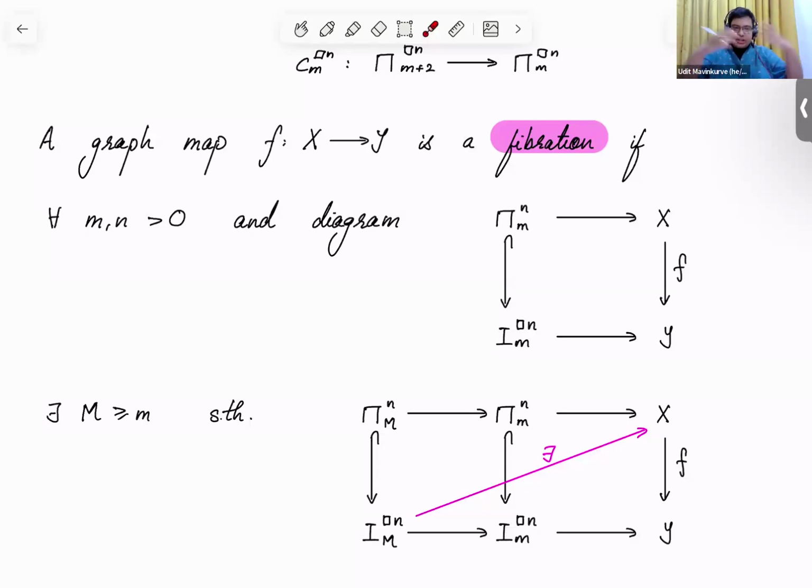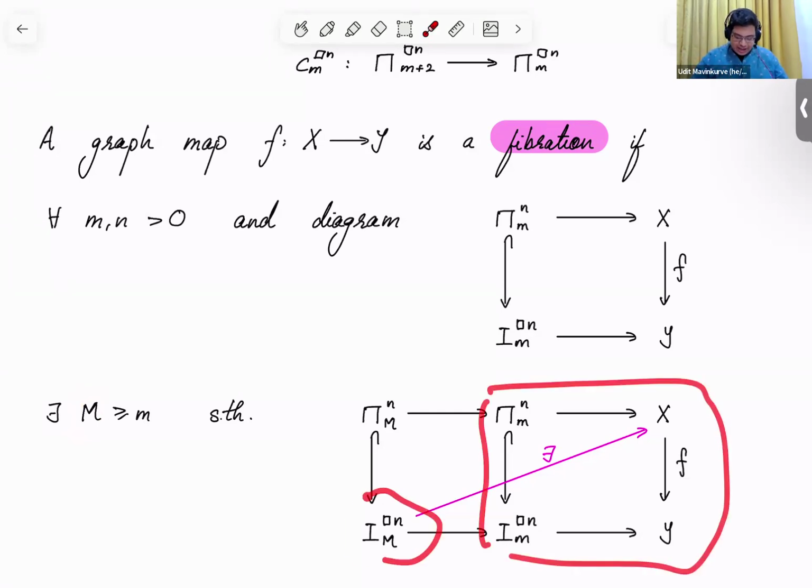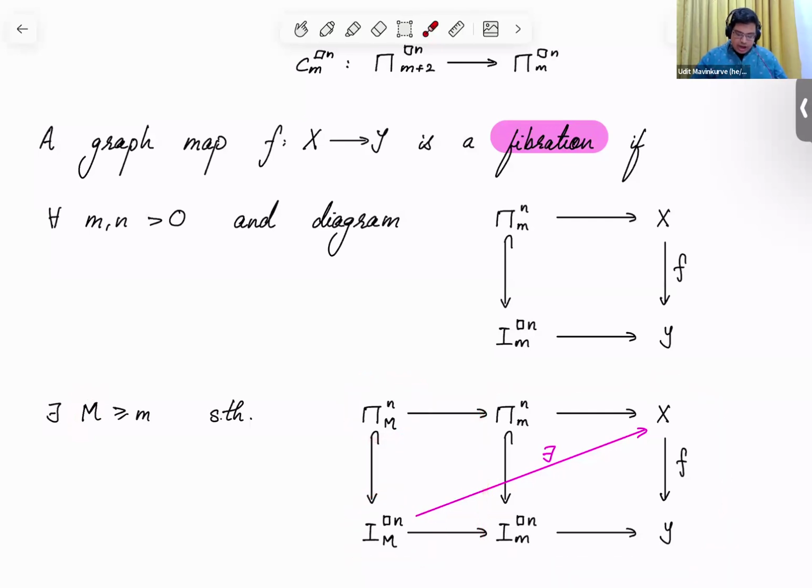When you compose them, you can get any bigger size, they have to differ by an even number, but apart from that, this is an existence condition. So that's all we require: you can take the original lifting problem, relax the size by a shrinking map, and then require that this modified lifting problem has a solution. There exists a lift to this bigger rectangle rather than the square on the left. So that's the appropriate notion of fibrations.